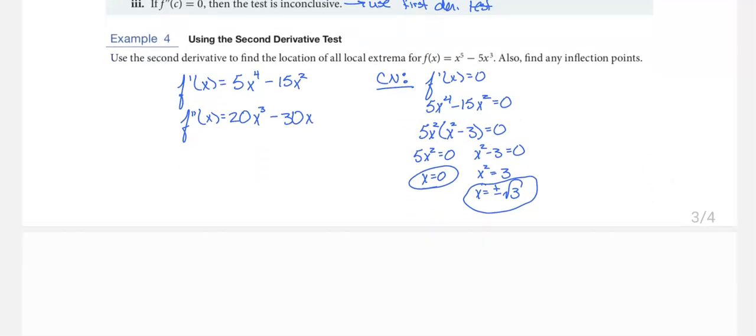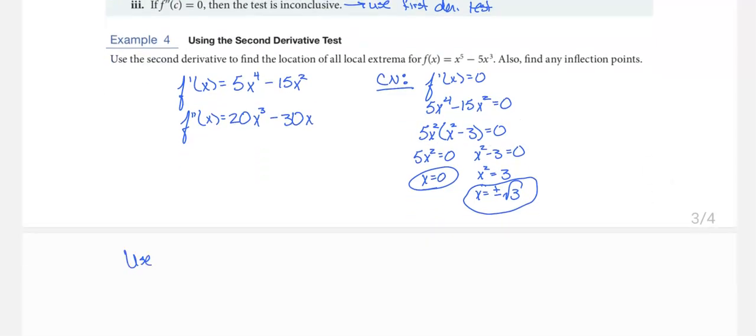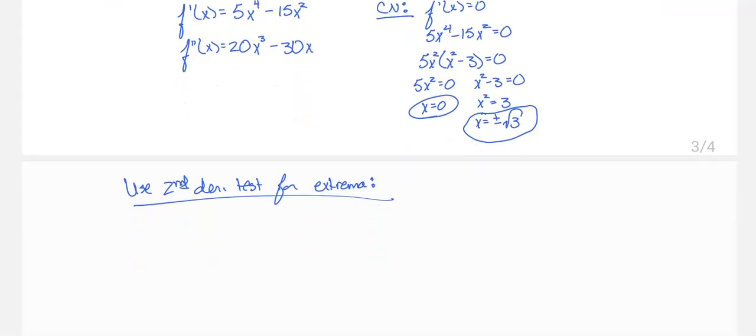So how would we use the second derivative test? We're going to use it for extrema. The second derivative test says take your second derivative and plug in your values, and that's going to tell you about concavity at that point, and then we can figure out what's happening with extrema at that moment in time.